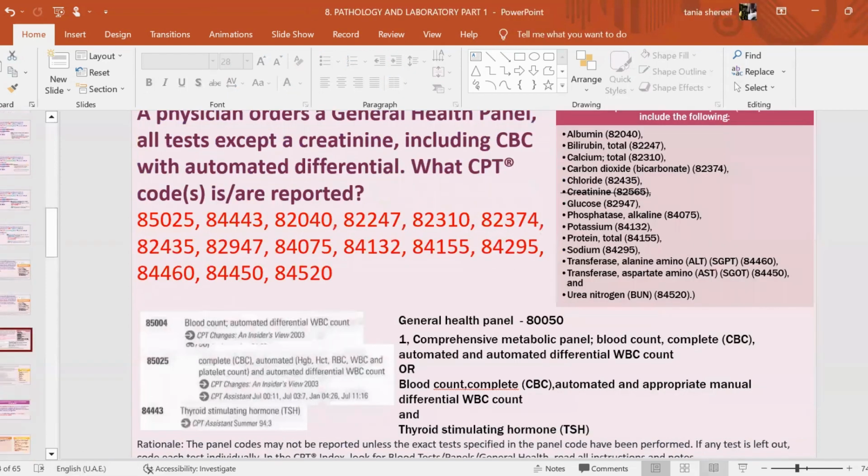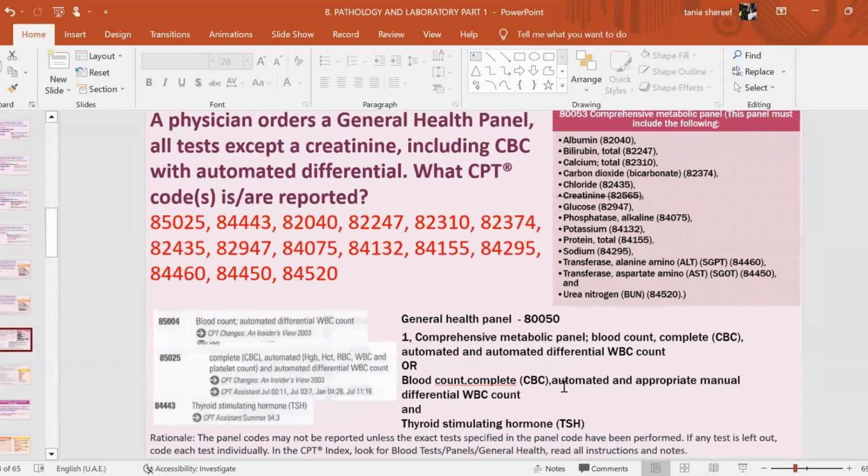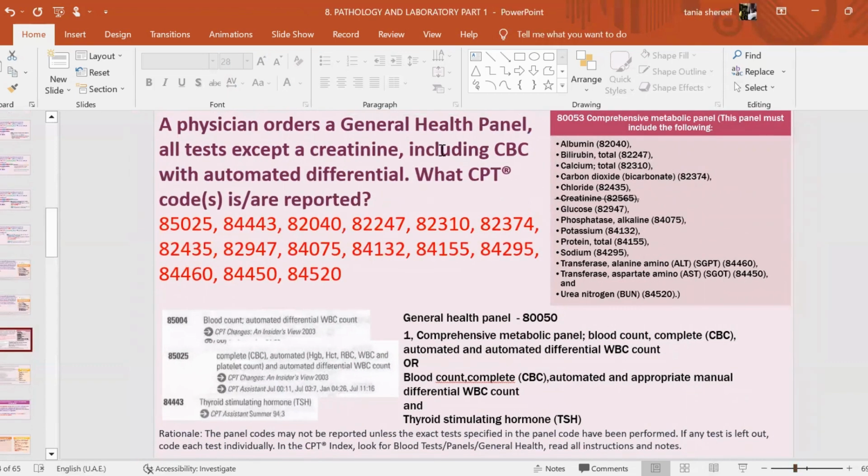Now, a physician orders a general health panel, all tests except creatinine, including CBC with automated differential. So, in this question, we can see a general health panel. So what is a general health panel? The physician has ordered the general health panel, but not which one? Creatinine.